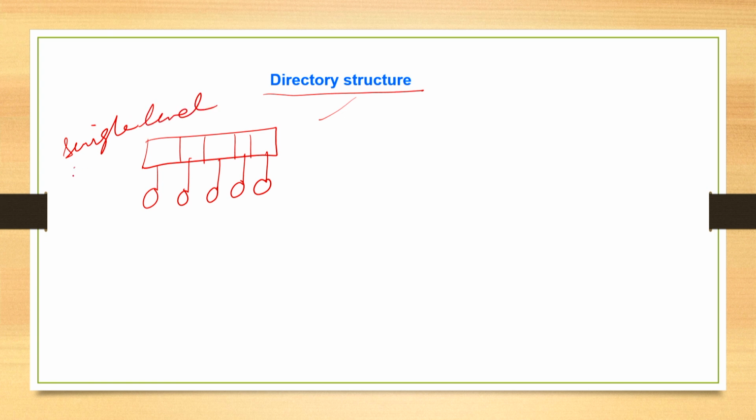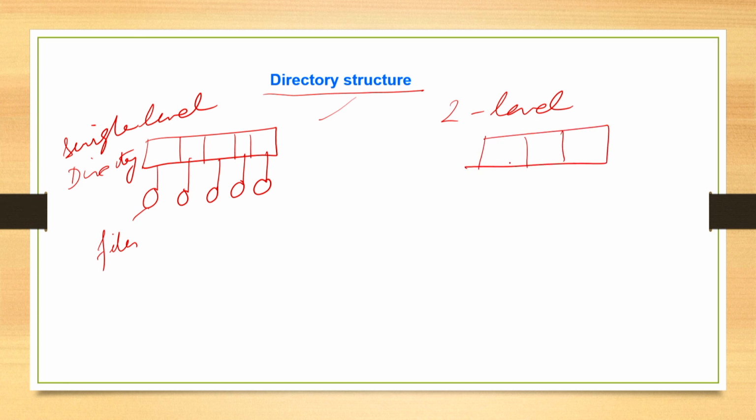It means this is the directory which contains all files. This represents the files. A two level structure is also there. Two level means the directory further contains a subdirectory, and then it contains the files.